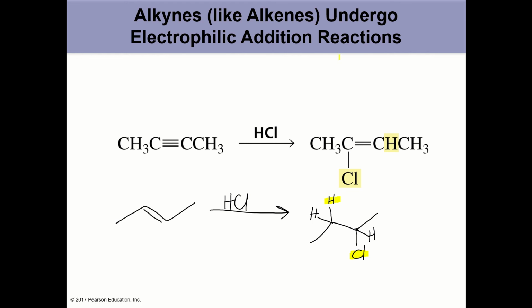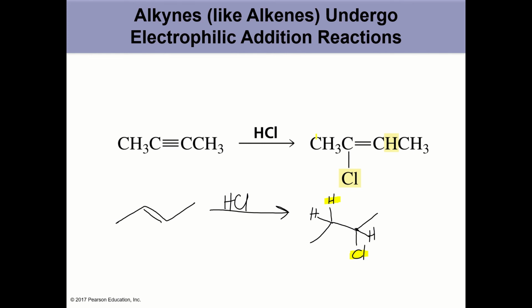The same type of reaction occurs when we include an alkyne with HCl. We will add chlorine and a hydrogen and use 1 pi bond. If we were to use excess HCl, however, if we treat this alkene with another addition of HCl, what would happen?